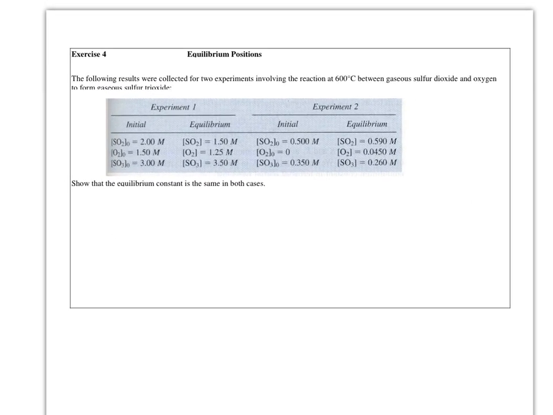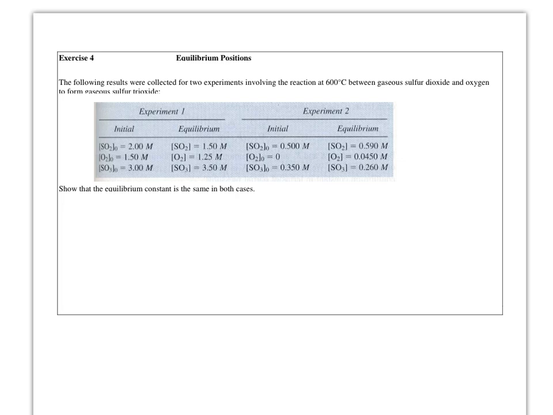All right, so in exercise 4, show that the equilibrium constant is the same in both of these cases. So it's giving me 2 experiments. I'm going to do experiment 1, and I'm going to have you do experiment 2. It's the same reaction. The following results were collected for 2 experiments involving a reaction at 600 Celsius between gaseous sulfur dioxide and oxygen to form gaseous sulfur trioxide.